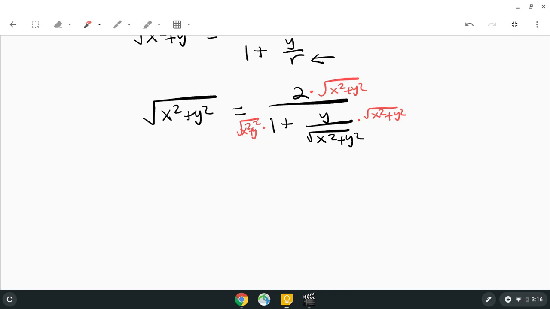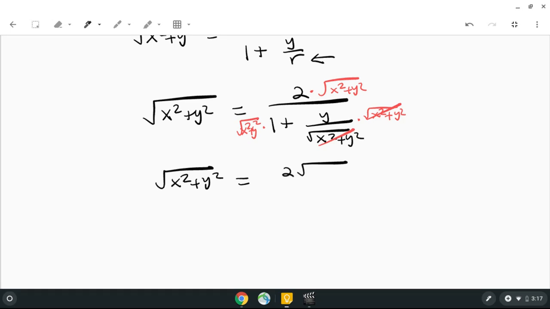What I'm essentially doing here is multiplying the right side by 1 written in the form of the square root of x squared plus y squared over itself to get rid of that. Like I said, that would probably be okay on one of my non-multiple choice tests, but your test, I believe, will be multiple choice.